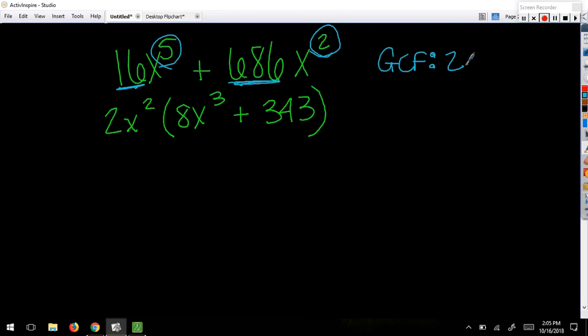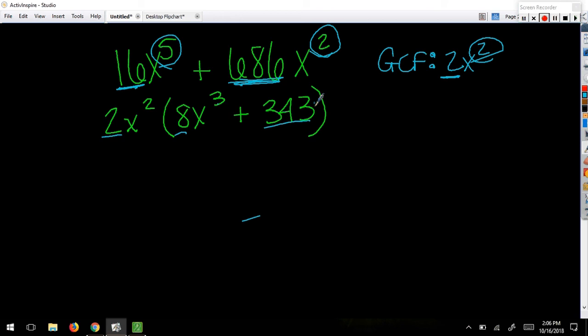This one has 2 and this one has 5, so I can take 2 away from both of them. So I divide both numbers by 2. 16 divided by 2 is 8. 686 divided by 2 is 343. Then I take 2 x's away from everybody, and it leaves me with 3 and 9.